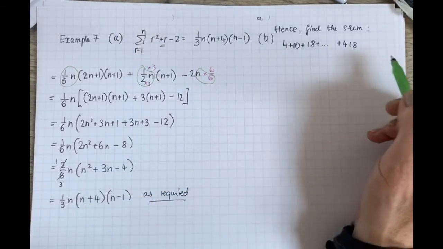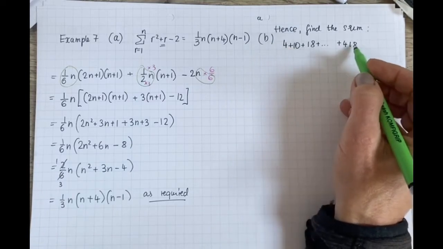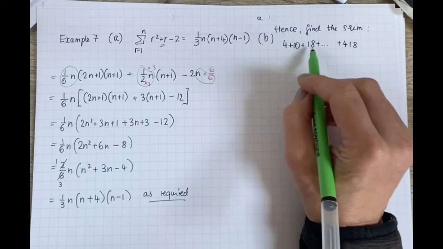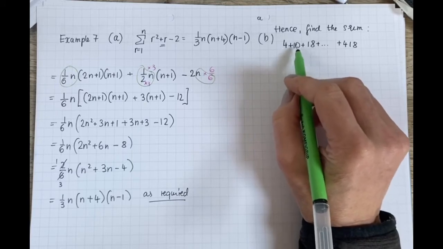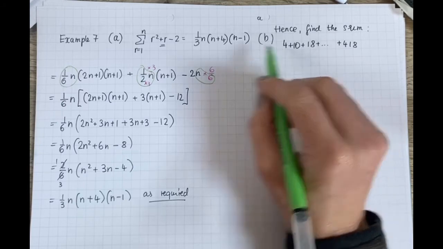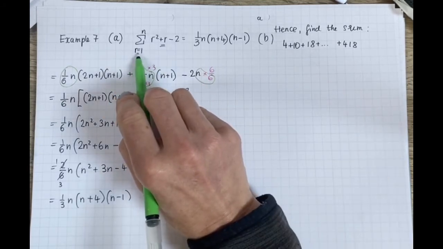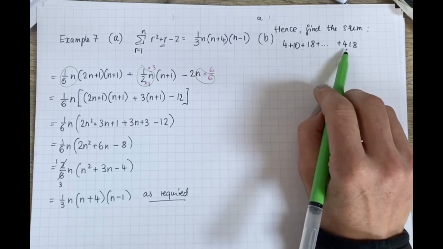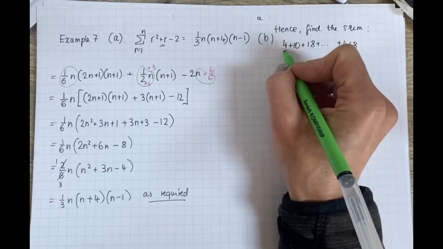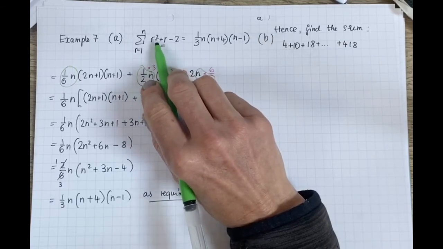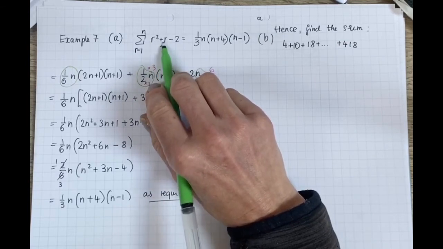Looking at part B, now they've written this sum in the expanded form. So what we need from this, you need to work out what is the value of the starting point, so the initial r, and what's the value for the end point. So here we can actually work out, if I put 1 into this, I'll have 1 squared plus 1 minus 2.